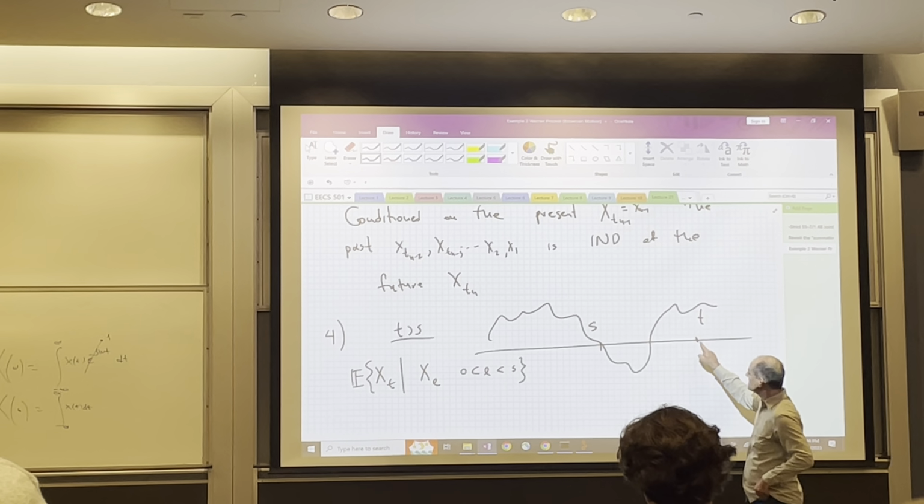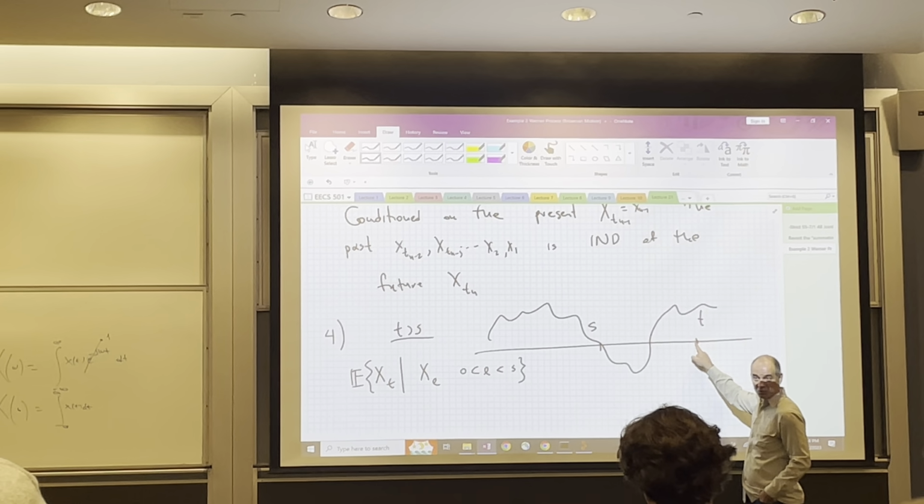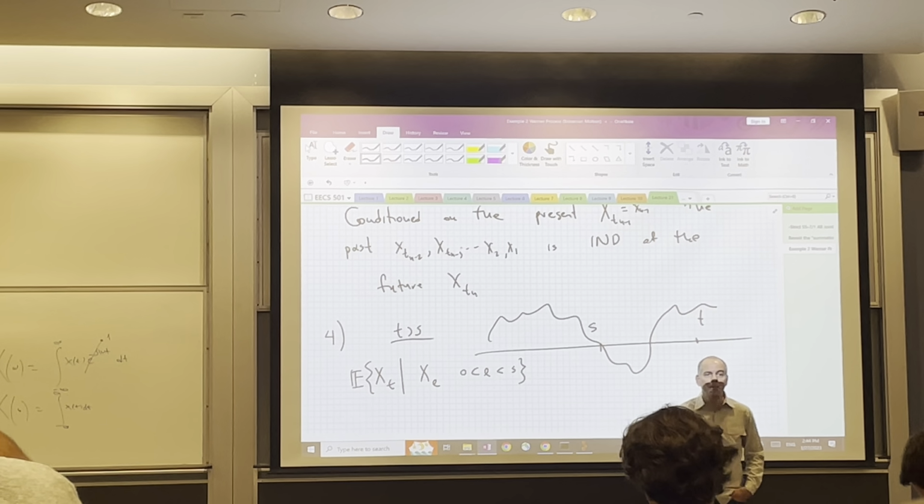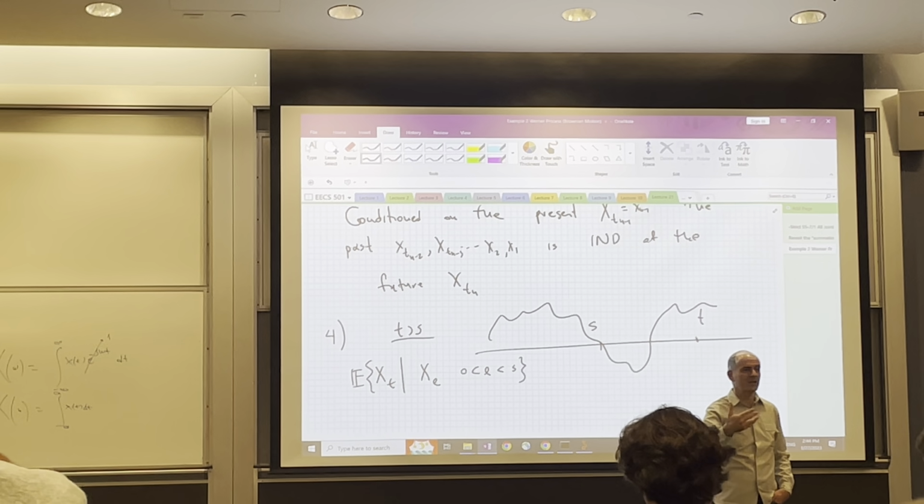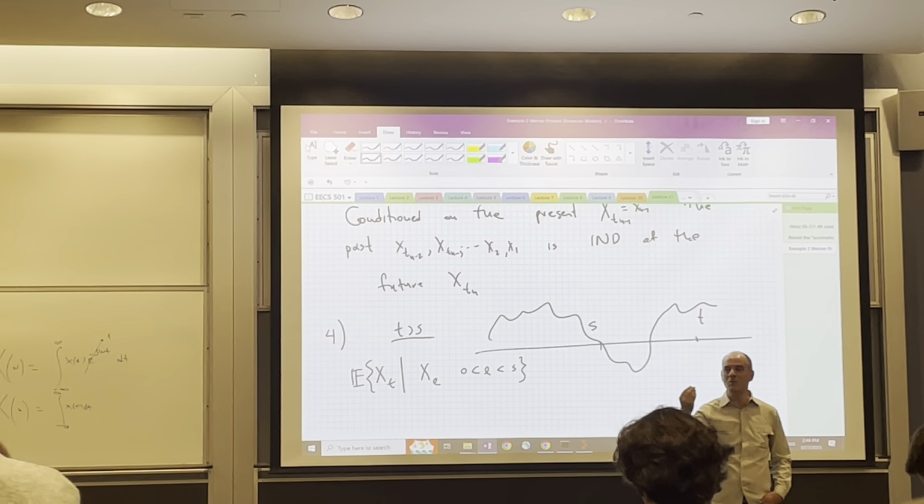We want to estimate this variable in the future, conditioned on all measurements up to that point. What do we know about optimal minimum mean square estimation? What is the optimal minimum mean square estimate of one random variable conditioned on its observation? The conditional mean. That's what it is. The conditional mean of xt, conditioned on all the observations.